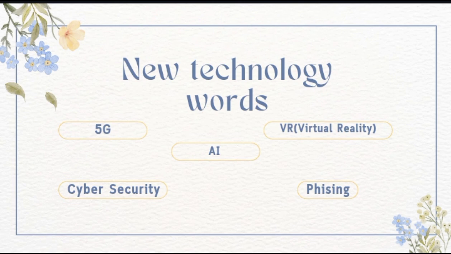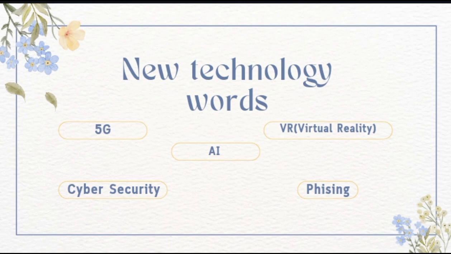New technology words. Phishing, a cyber trick where fraudsters send fake messages to steal your personal information or data like passwords. 5G, the fifth generation of mobile networks offering super fast internet and low lag for streaming and downloads.